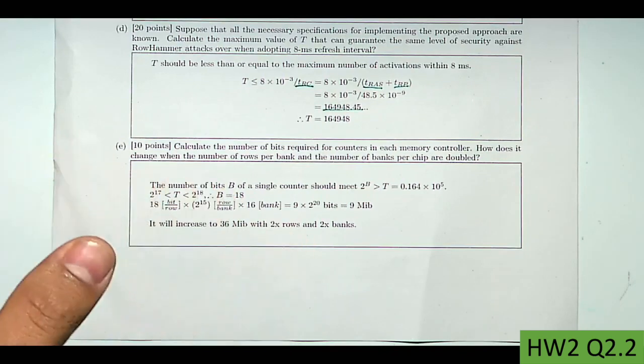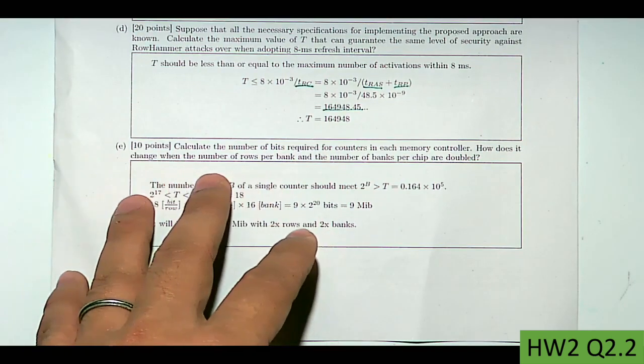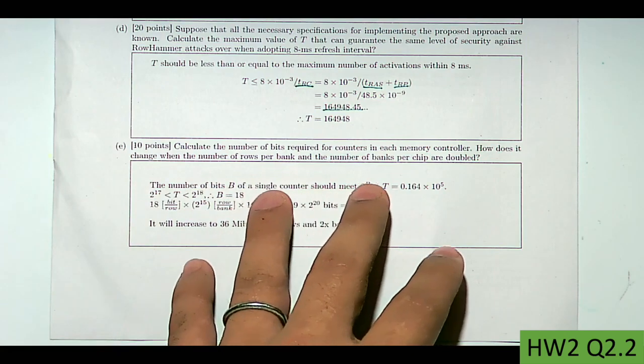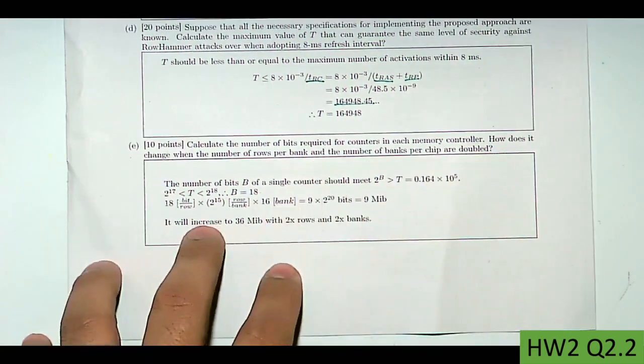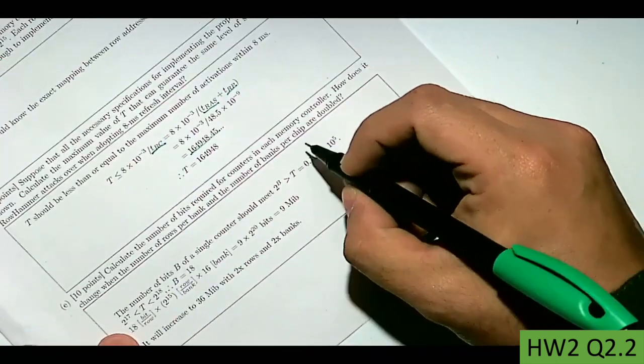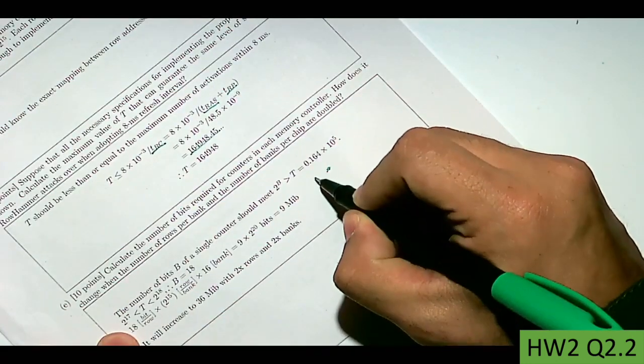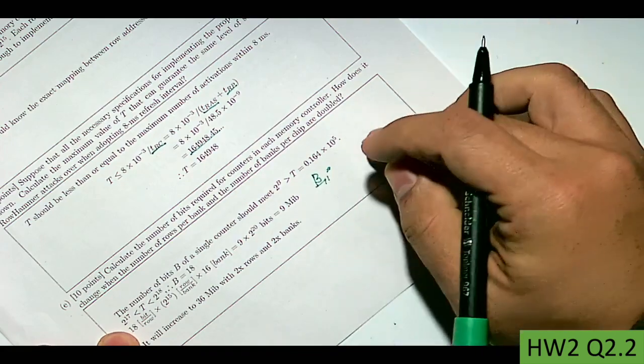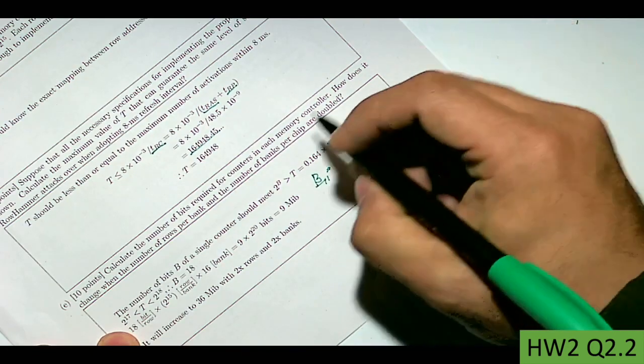The next question is asking the number of bits required for maintaining counters in each memory controller, and it's very easy actually. Let B be the number of bits.